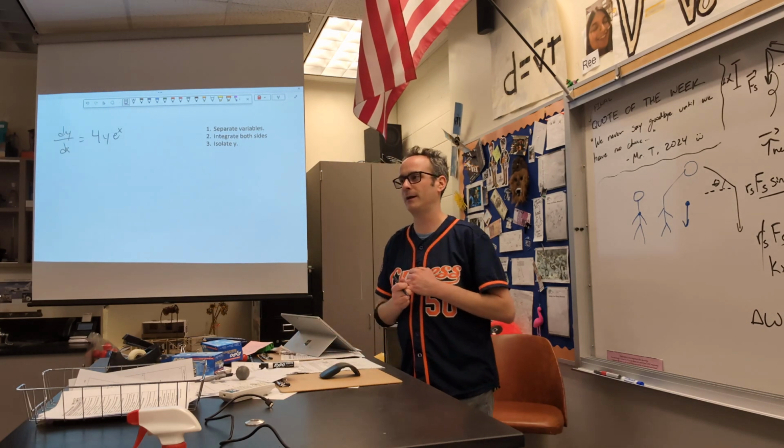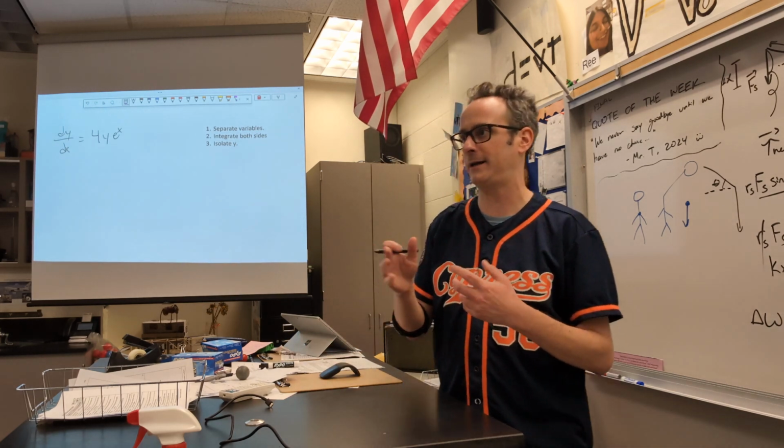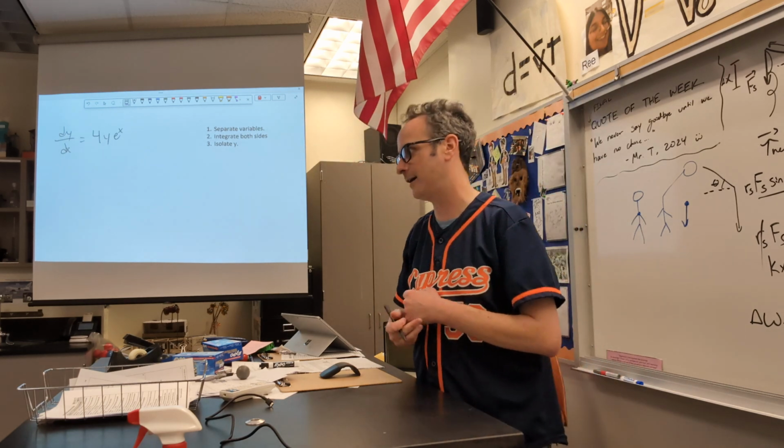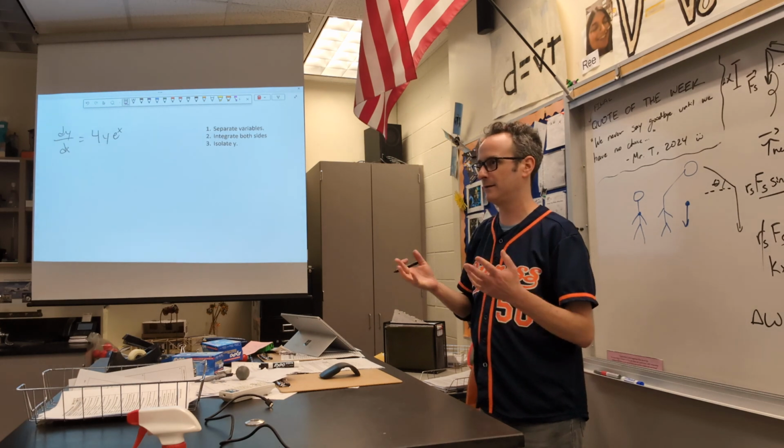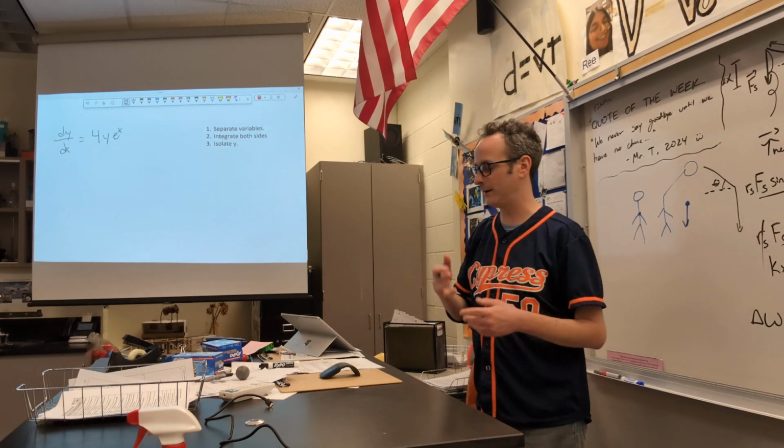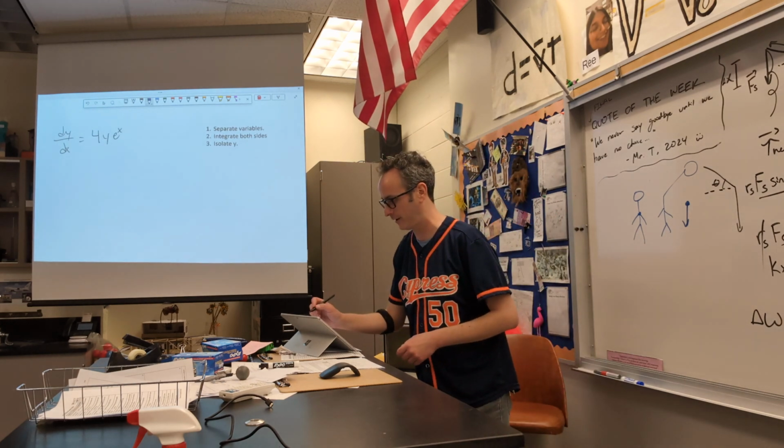Just like with degrees: something with a degree of 3 means cubed is the highest power. If it's a degree of 2, squared is the highest. It's a quadratic, et cetera. Okay.